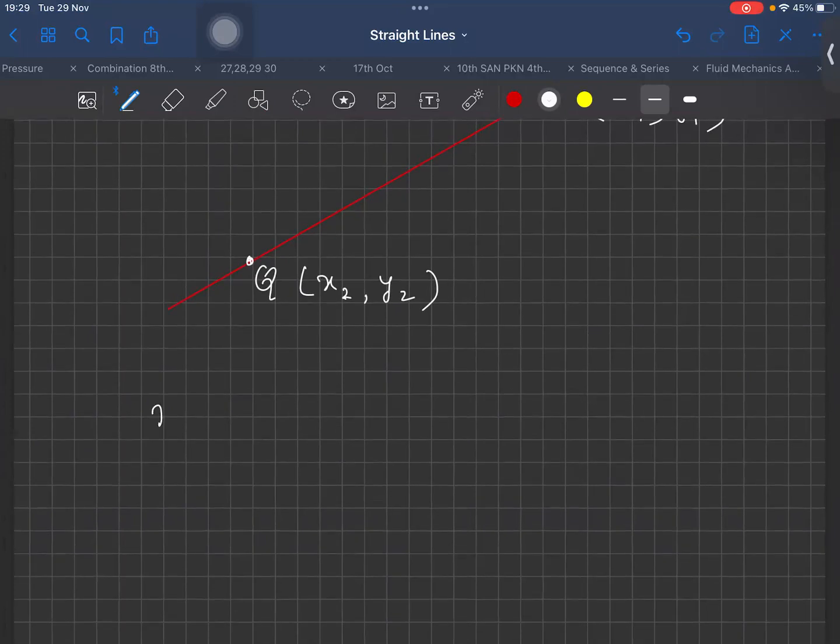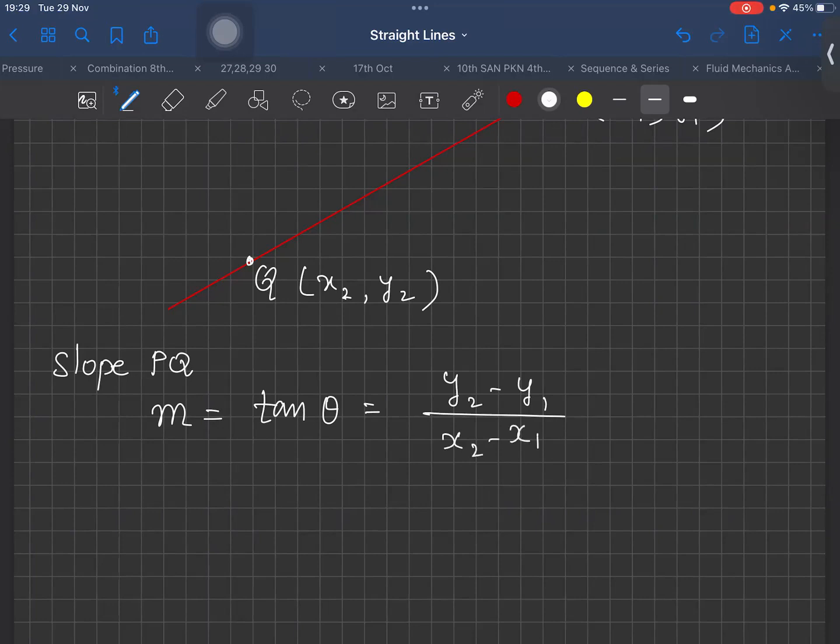Slope m is the slope of PQ, which is tan of some angle theta we don't know. It is given by y2 minus y1 upon x2 minus x1, or you can also write y1 minus y2 upon x1 minus x2, whichever you feel comfortable with. From here you can find the value of theta also.